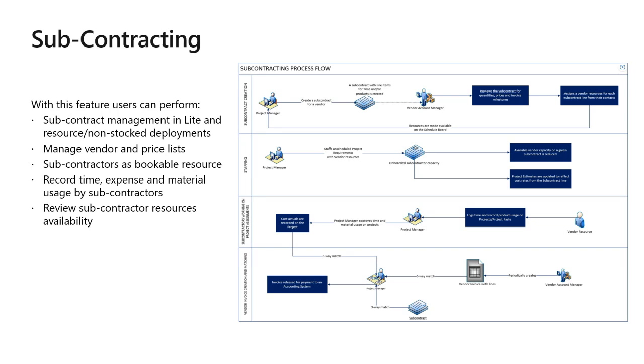So it allows you to add those dimensions and say, okay, I don't want to use an internal resource to fulfill this resource requirement. I would like to use a subcontractor from this particular subcontract and subcontract line, and those search criteria are then honored in the schedule board.